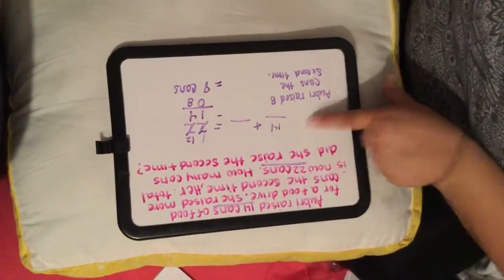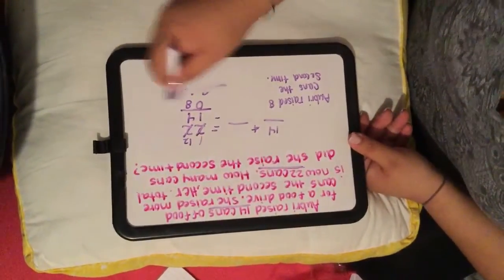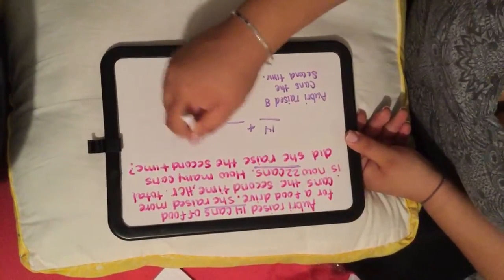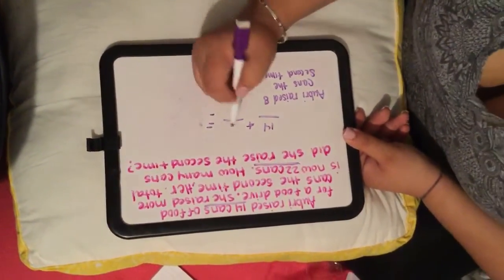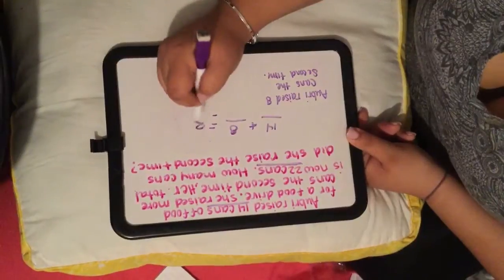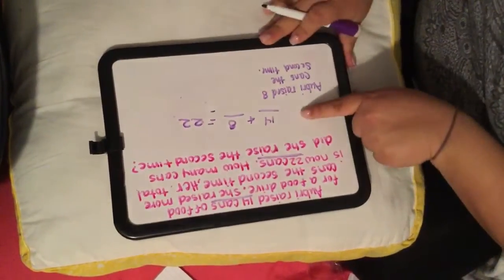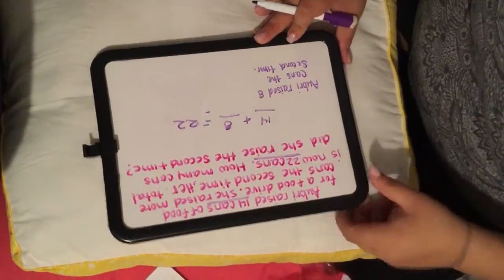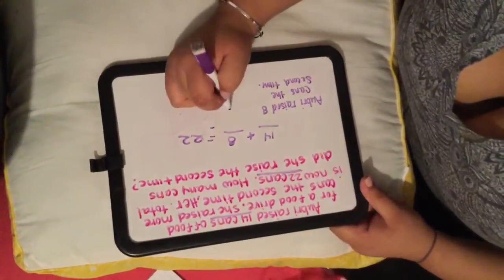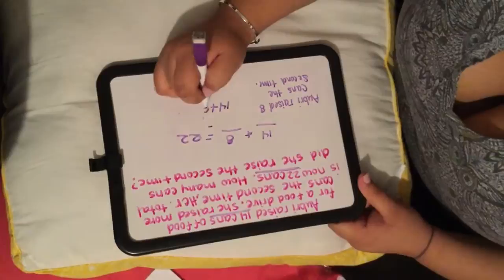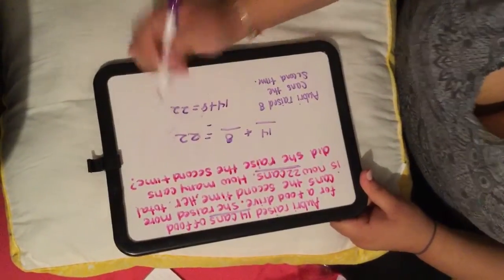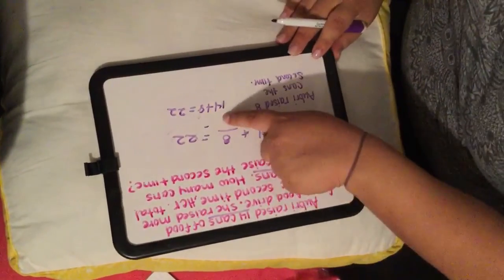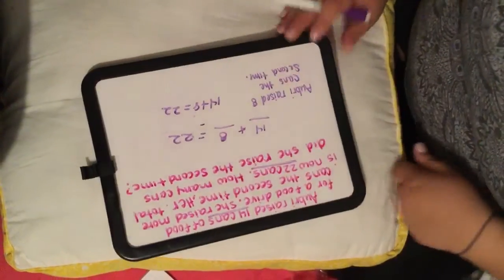So now we can erase that. And there, 14 plus 8 equals 22. And you can check your work as well. You can add 14 plus 8, and it will give you 22, so you can check it. And if you subtract 14 from 22, it will give you 8.